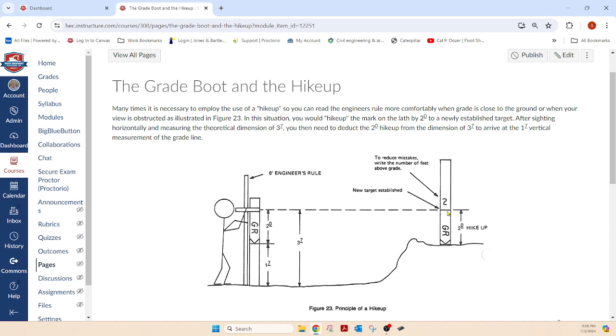And then because I went up 2 feet, I need to measure back down 2 feet. And there will be my grade. That line right there now is even with this crow's foot right here. Right? Do you understand that?